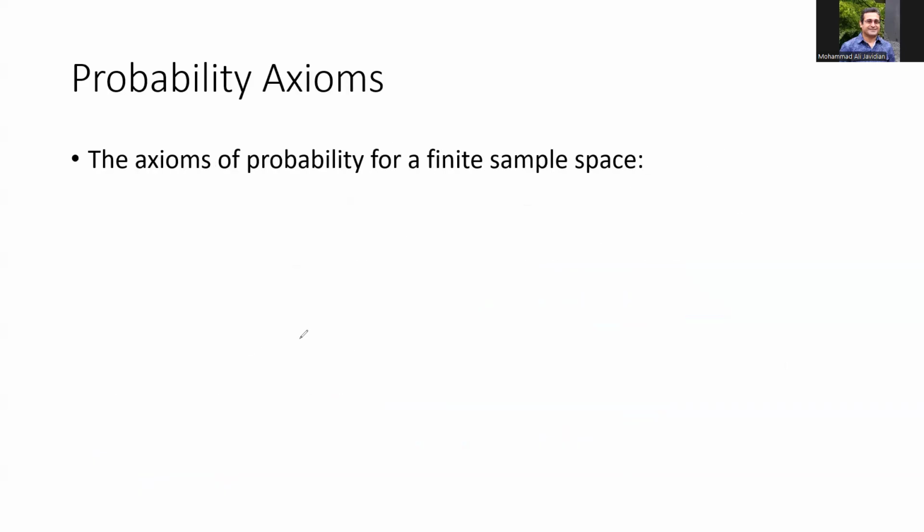There are 3 axioms about the probability of a finite sample space that are called the Kolmogorov axioms. The first one is that the probability of an event is always a number between 0 and 1.